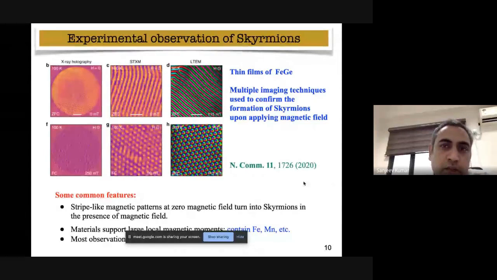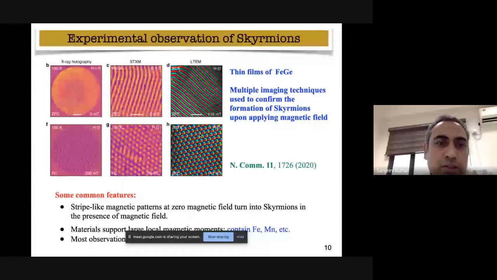The other thing I want to point out is that most of the materials presented as hosts of skyrmions contain elements with a large magnetic moment. So these are iron, manganese, and so on containing materials.